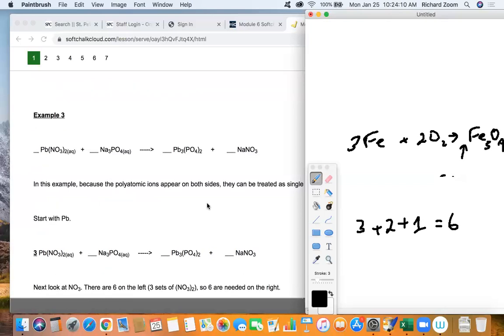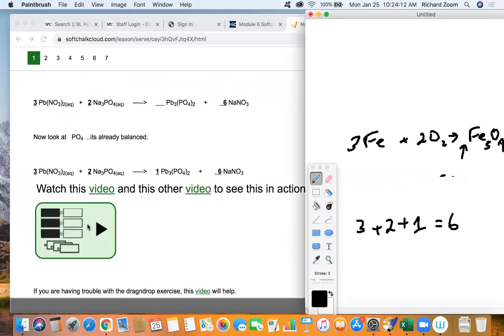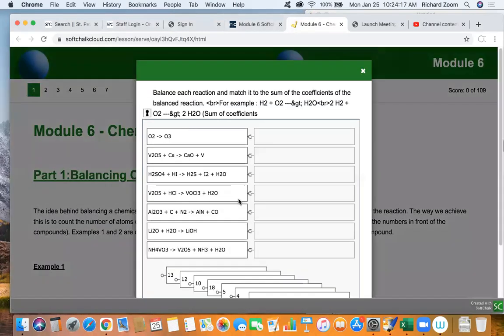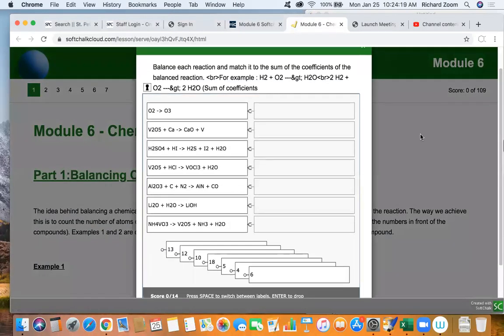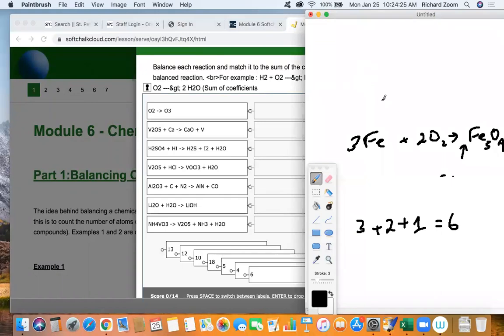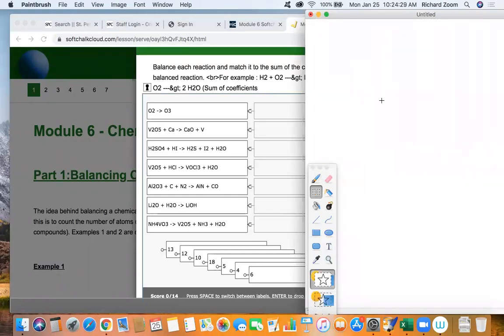So in SoftChalk here, I've got a pretty nice exercise that illustrates that, I think, pretty nicely. So let's go through this, and I'll show you some examples of balancing.